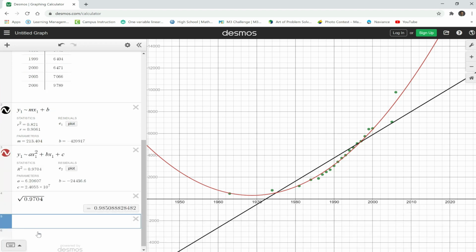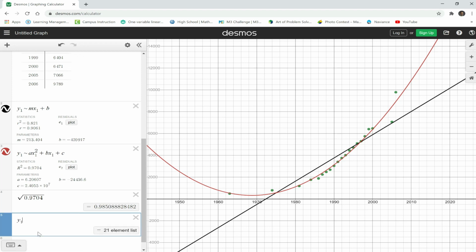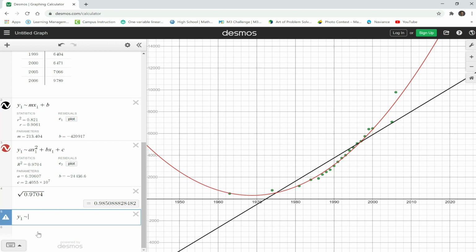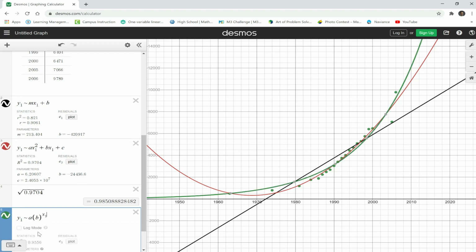Now let's try the exponential model. So you have y1 tilde a b to the x1.